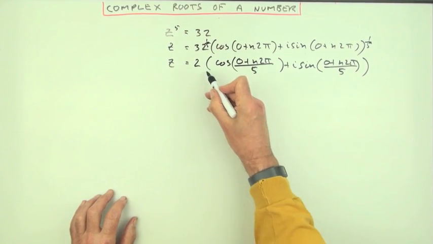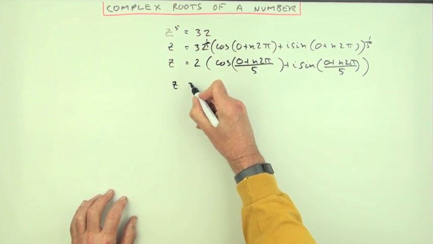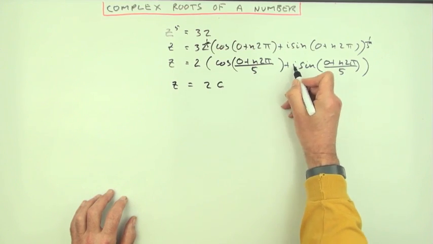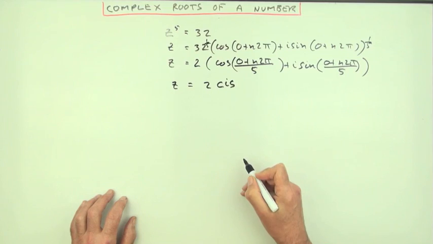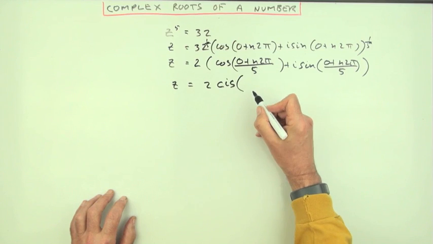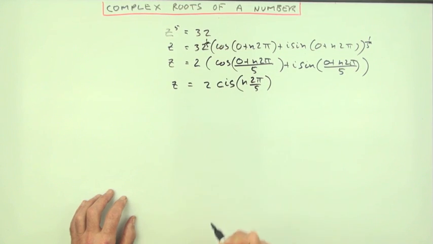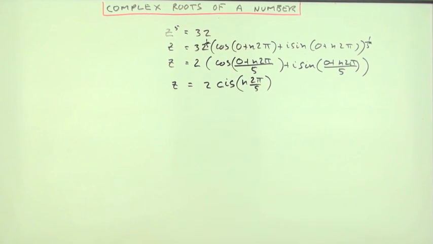So I'm just going to abbreviate this. I'm going to abbreviate that to z is 2, and then the cos plus i sine, I'll just write a CIS of, and then the 0 won't make any difference, so I'll put n times 2 pi upon 5. So that's just a wee abbreviation to save a lot of time.